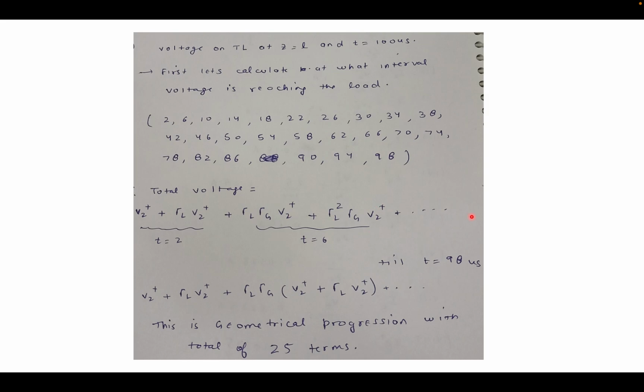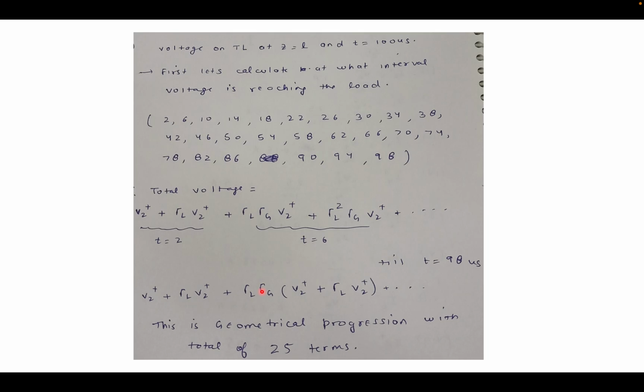The first term is v2 plus tau l times v2 plus, right? For the second term, if I take tau l times tau g common from the t is equal to 6 microsecond expression, you will see it's v2 plus tau l v2 plus. Now you see it forms a geometrical progression where the first term is this, the common ratio is tau l times tau g, and the total number of terms is 25.